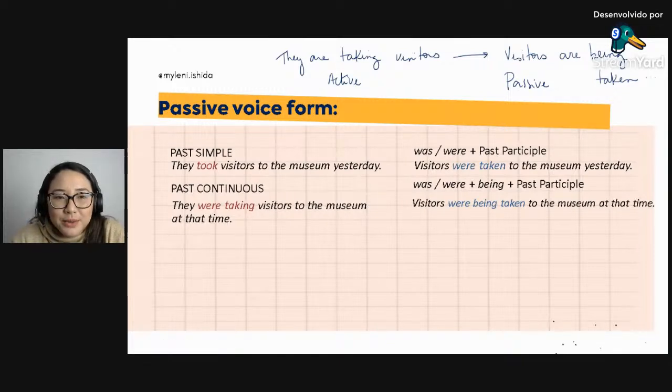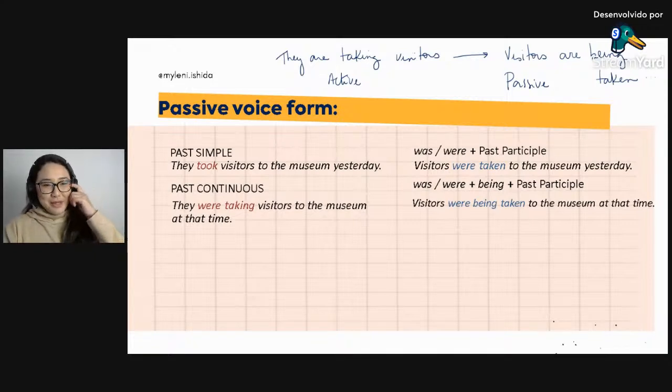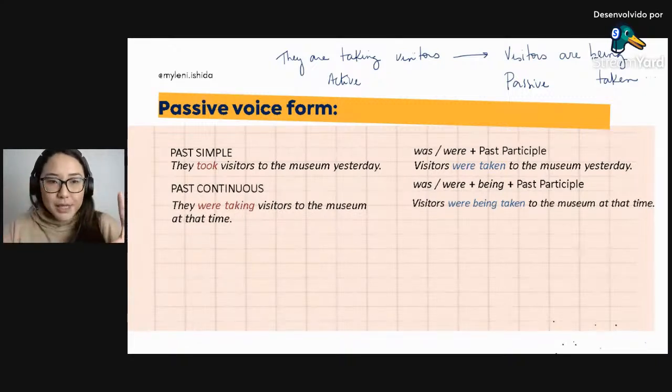Teacher, why do I need to know this? In Duolingo, for example, you have the read and complete with the missing letters. You know the exercise in which you have a text and there are some missing letters. You have to complete with the missing letters. Sometimes they like to give you the passive voice so you can recognize the structure and put the verb in the past participle, for example.